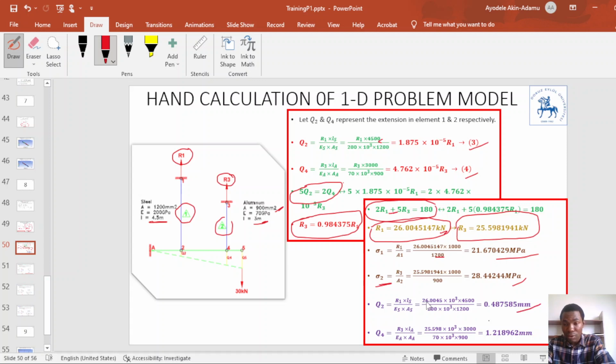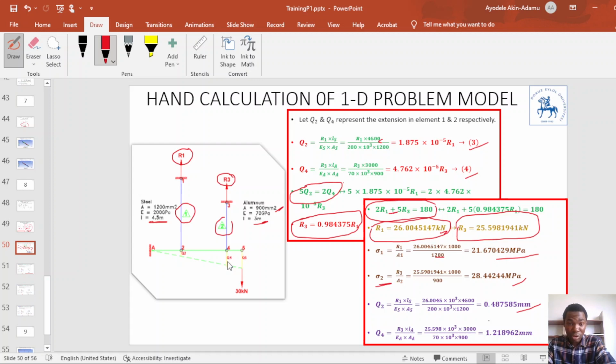So we get our deformation at node 2, Q2, to be 0.487585 mm. This is the exact solution. We're going to compare these results with our finite element solution at the end of this lesson.